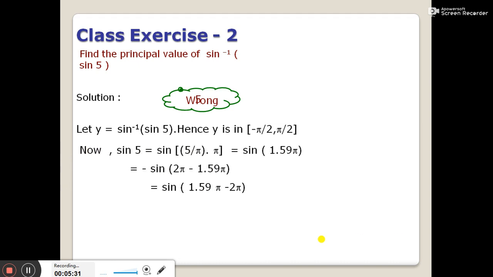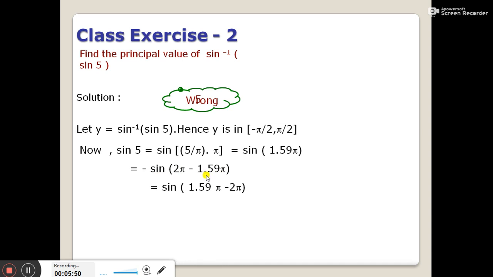But here, to write this, we have to multiply and divide by pi. We get sine 1.59 pi, and this value does not belong to minus pi by 2 to pi by 2, and therefore we have to convert it by subtracting 2 pi.